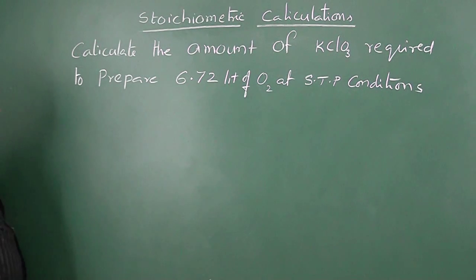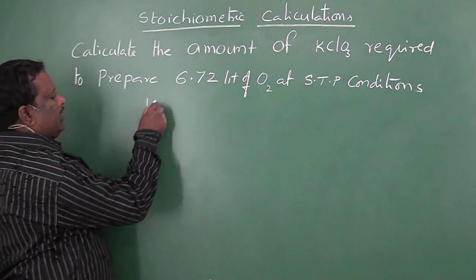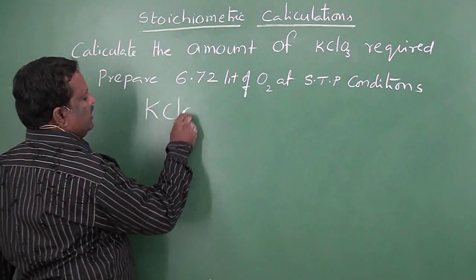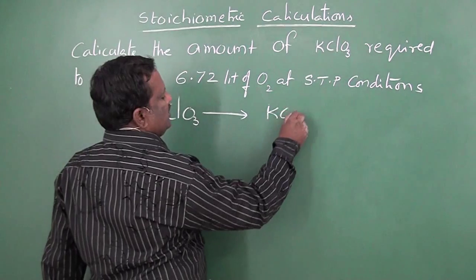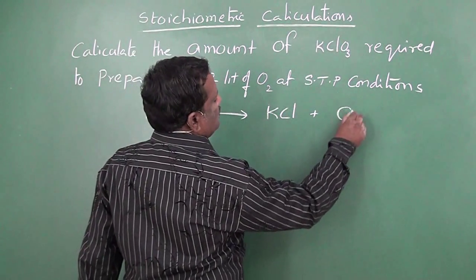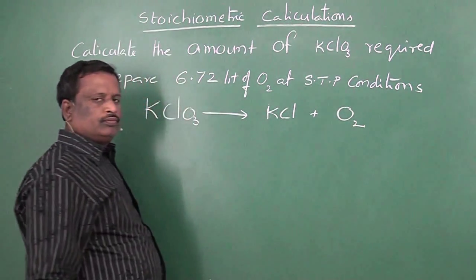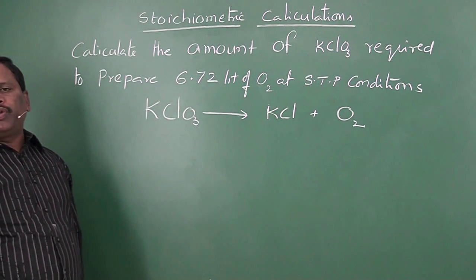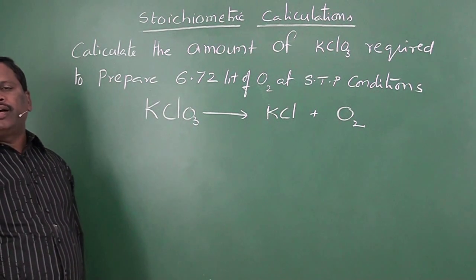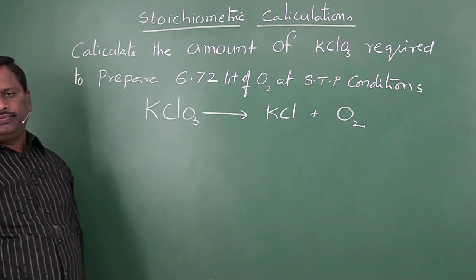We know that the decomposition of potassium chlorate is as follows. KClO3 gives KCl plus O2. This was the skeleton equation for the preparation of oxygen by the decomposition of KClO3.